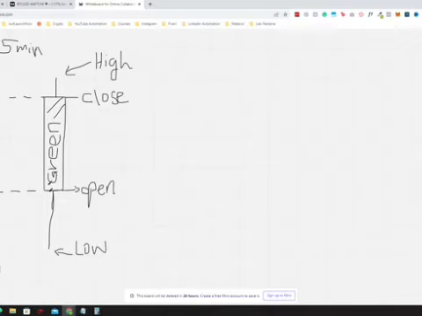So this low means that during that 5 minute trading time frame, it went all the way to that low, and it came all the way back up to the green, and it actually went higher, so that's why it's called high. So it went high, but then it didn't stay there again. It came back and closed at that price too. So if you were to make these ones at, let's say, L1, H1.